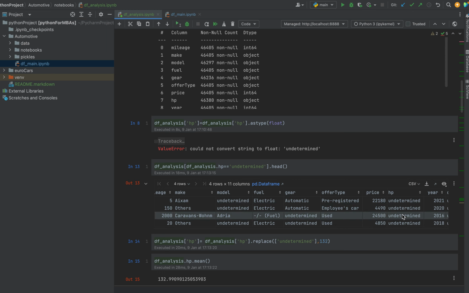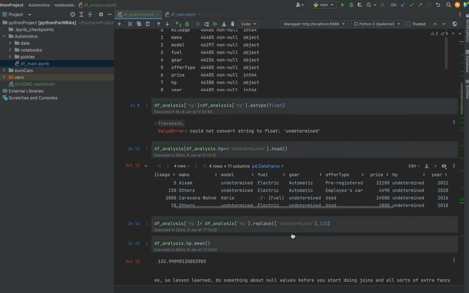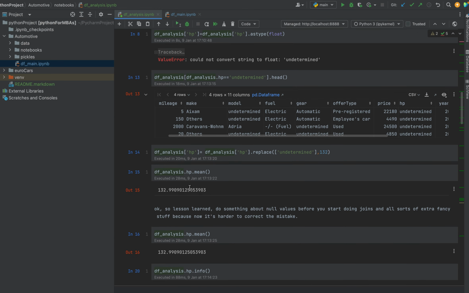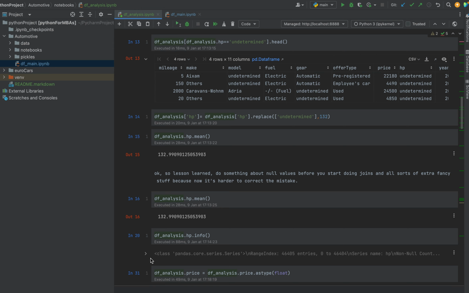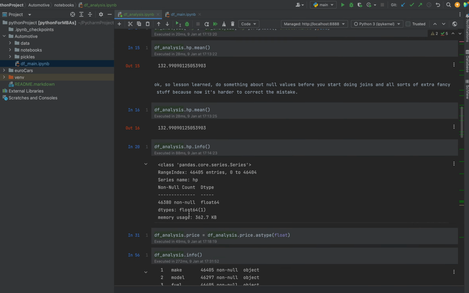There has to be some kind of numerical value. So I filled it in with the average, replaced this with that, and as you can see, the data type changes to a float.